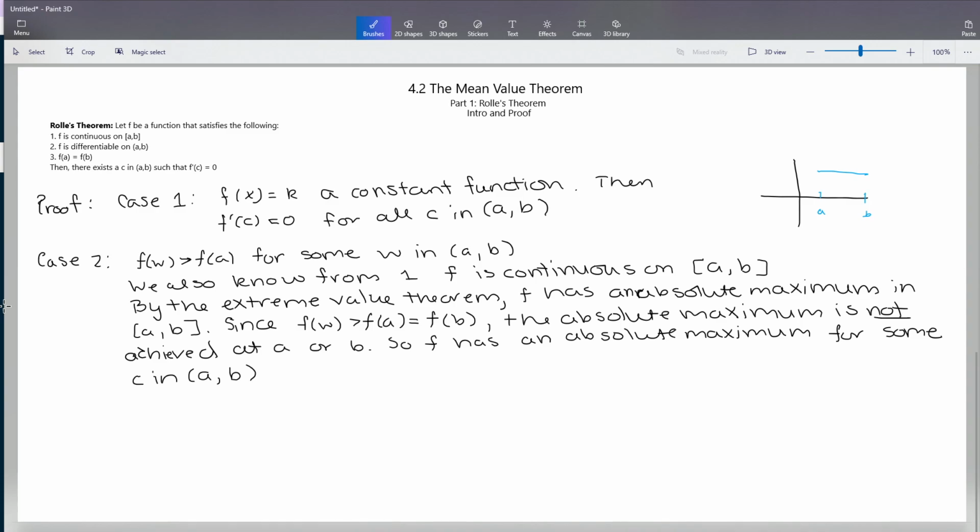We already know there's some point that's higher up or greater than the endpoints. So this absolute maximum is in the interior of the interval. It is not at the endpoints.